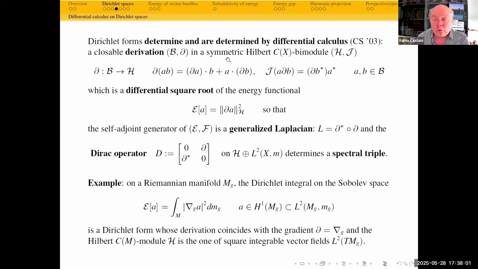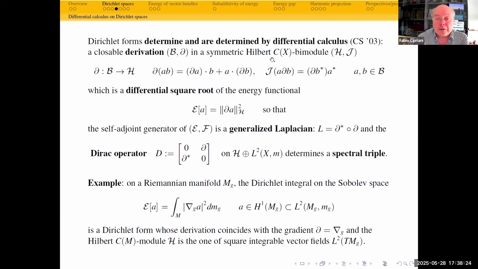Also the bimodule is symmetric, so there is an antilinear, anti-unitary map J which exchanges left and right multiplication and the involution star.